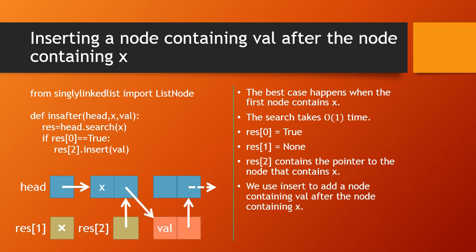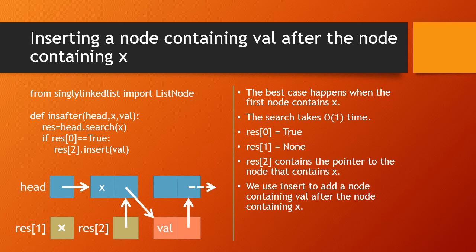We use the insert function of list node to add a node containing val after the node containing x. We call the insert function for the res 2 pointer and we ask it to insert a node containing val after the node pointed to by res 2.